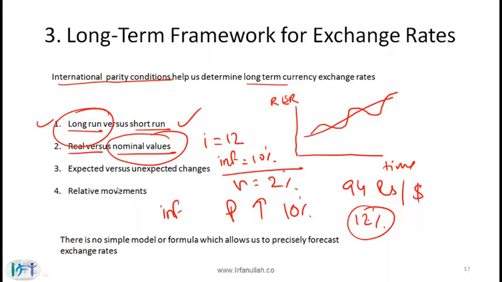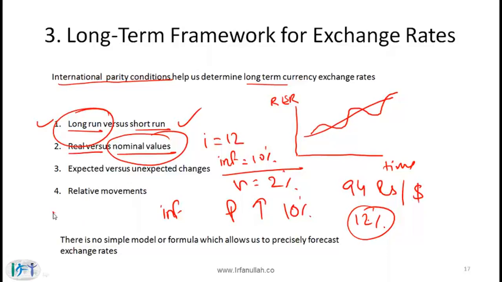And finally, relative movements. When we talk about currency exchange rates, let's say that one determinant of currency exchange rate is inflation, or the inflation in the two countries. So again, continuing with Pakistan and the US, the point here is that if exchange rate is being influenced by inflation, what really matters is the difference in the inflation of the two countries.